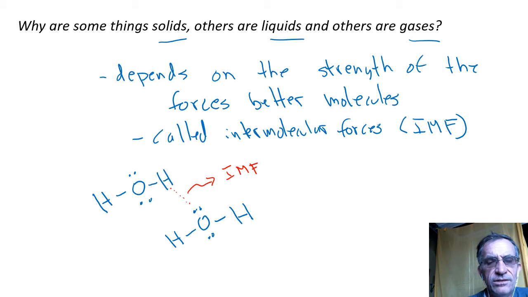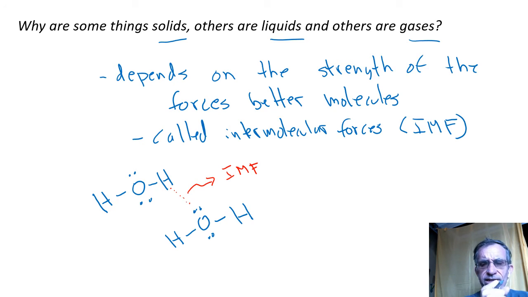Now, I should mention that these different intermolecular forces are not all the same strength. If you have a really strong intermolecular force, that's going to keep molecules like water really tightly and closely connected to each other. If the forces are a little weaker, that allows the molecules to spread out more or to move away from each other.